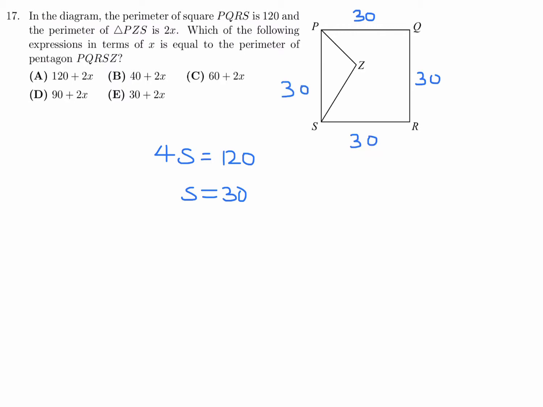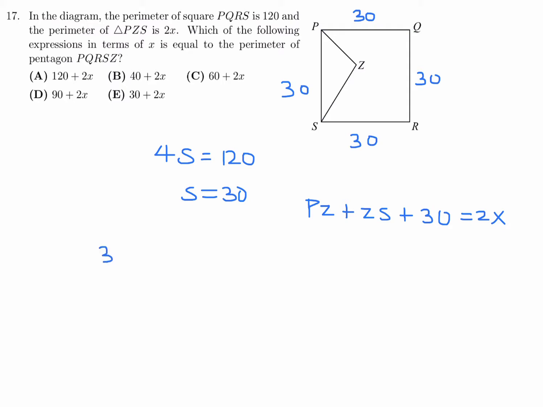Now, they're saying the perimeter of this triangle is 2x. So, written out, it would be PZ plus ZS plus 30 is equal to 2x.